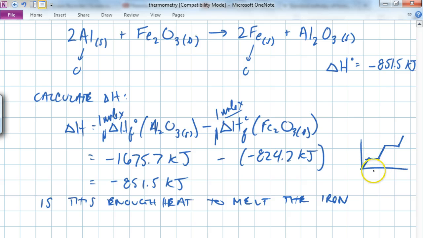And so we're going to assume here we need the heat of fusion for iron, and we're just going to look at this point right here. We're not going to worry about heating the iron up, which would be this sloped portion of the graph, a Q equals MC delta T calculation. We're going to leave that out for now and ignore that.